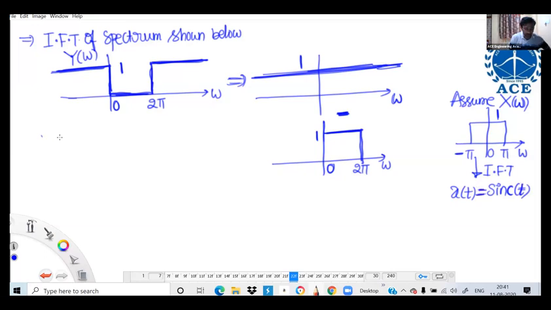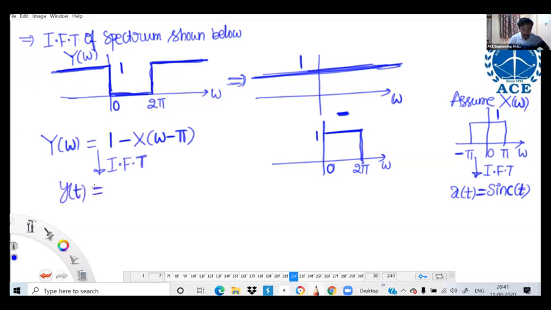So we can write that as Y of omega equals 1 minus X of omega minus pi. Everyone see here, sir? This is 1. If I make a right shift of pi units, we are retaining this rectangle or not? So what is the inverse Fourier? Y of t equals constant in frequency means delta t.